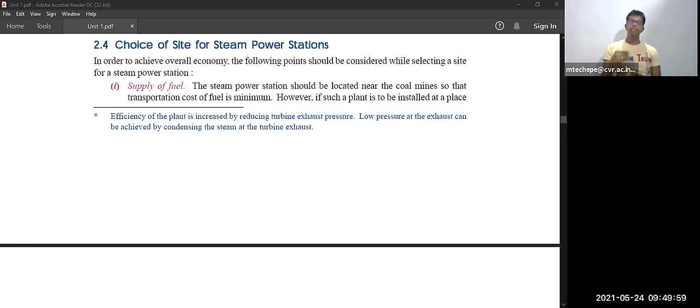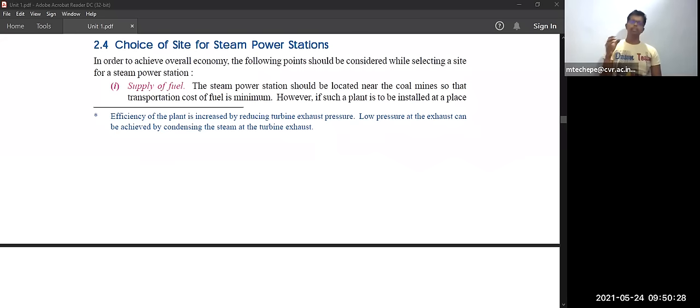The government itself will allot some Poramboke lands, lands that are not utilized. They will allot more acres of land. Even if we ask for 50 acres, they will allot 100 acres to construct the steam power plant.